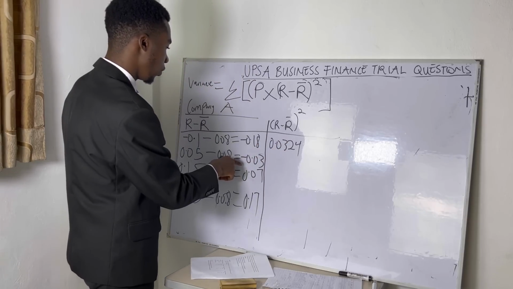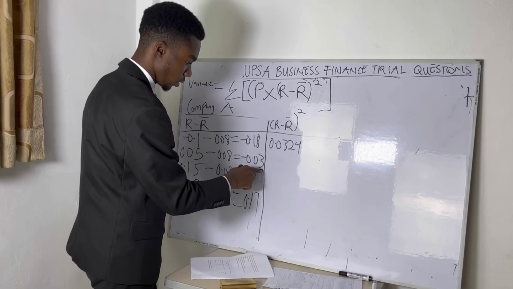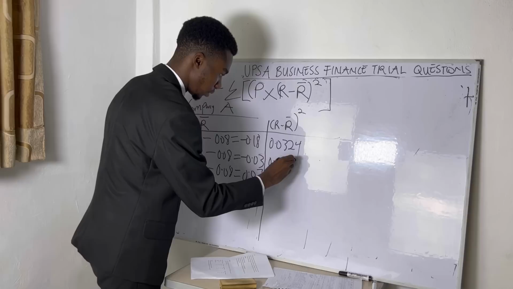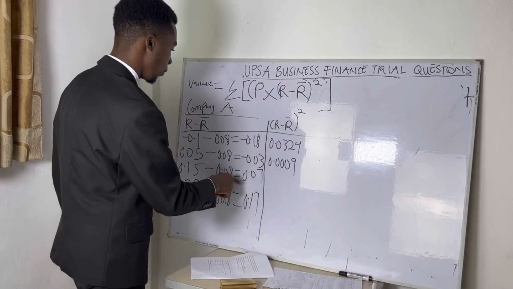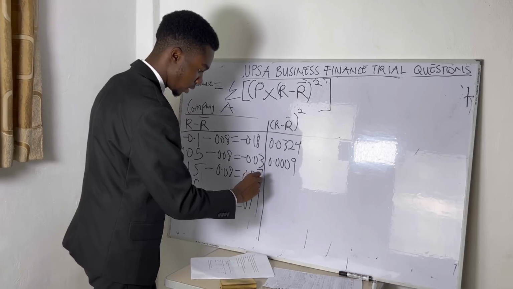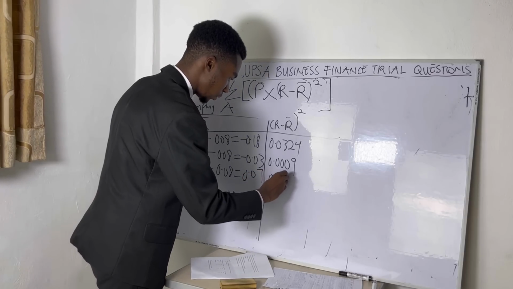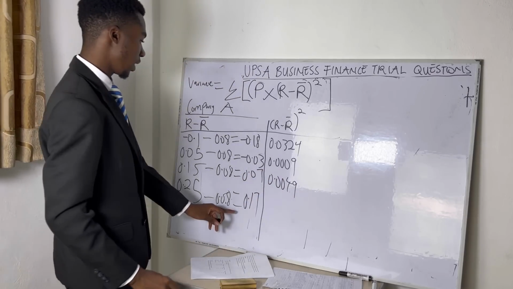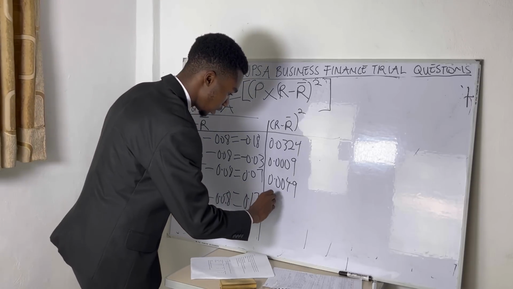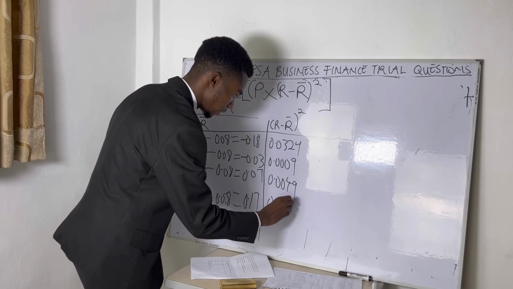Then when you punch negative 0.03 squared on the calculator, you should be getting 0.0009. Then when you punch 0.07 squared, you should be getting 0.0049. Then for the last one, when you punch 0.17 squared on the calculator, you should be getting 0.0289.